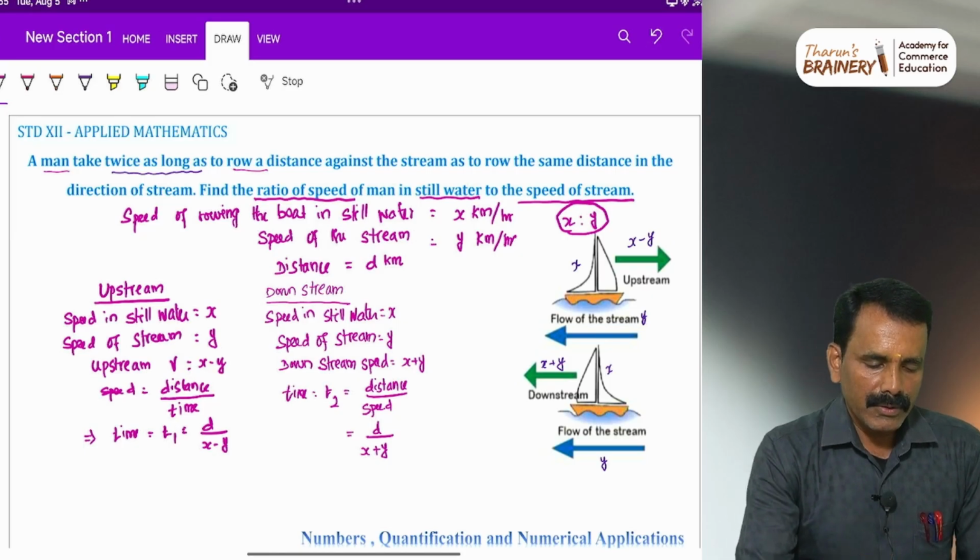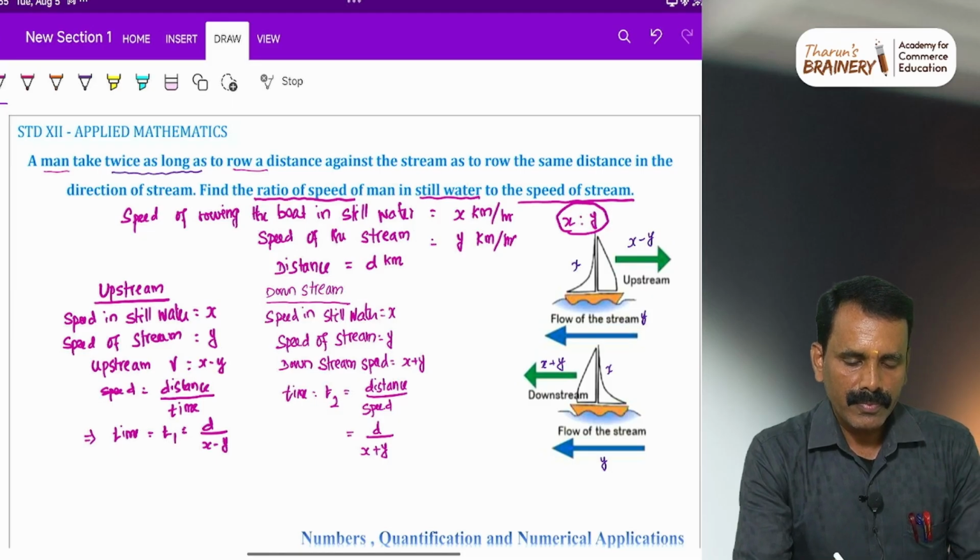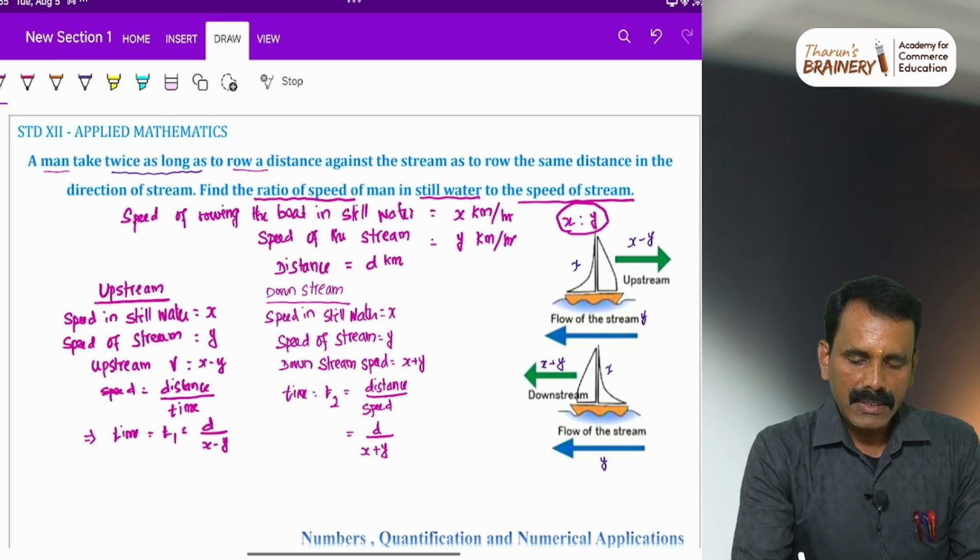Now the data given to us is that it takes twice as long to row the same distance against the stream as in the direction of the stream.